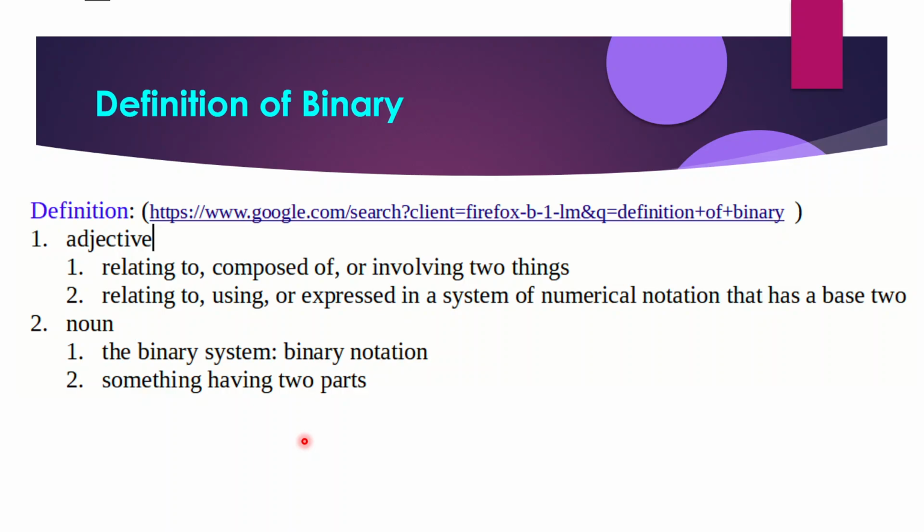As a noun, you're talking about a binary system or binary notation, meaning that it has two parts. For binary numbering, we think of two symbols to represent the value. Those two symbols are a 0 and a 1.